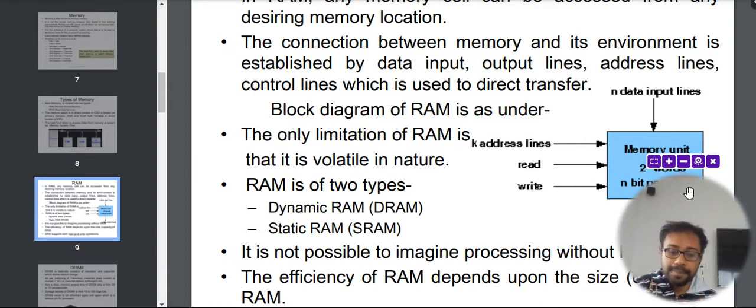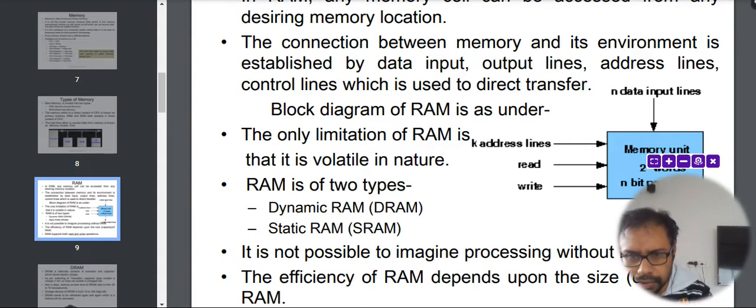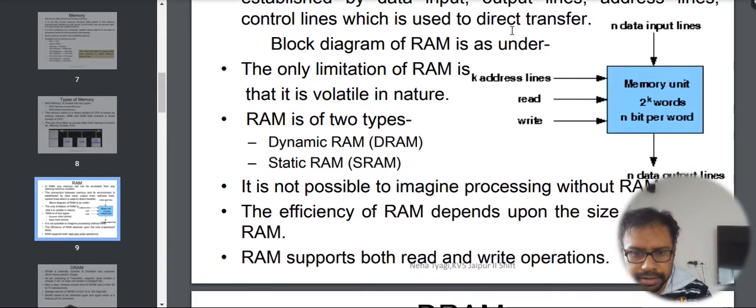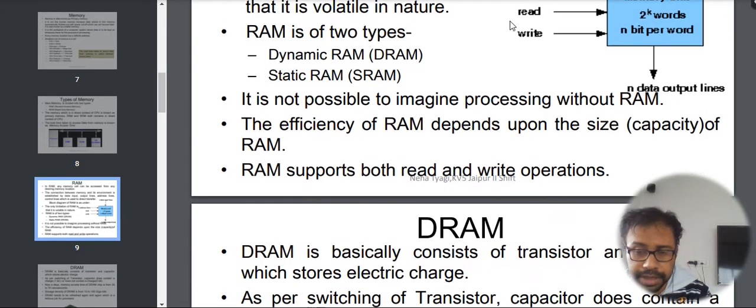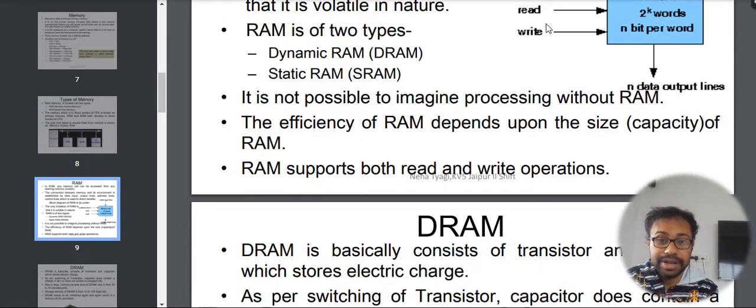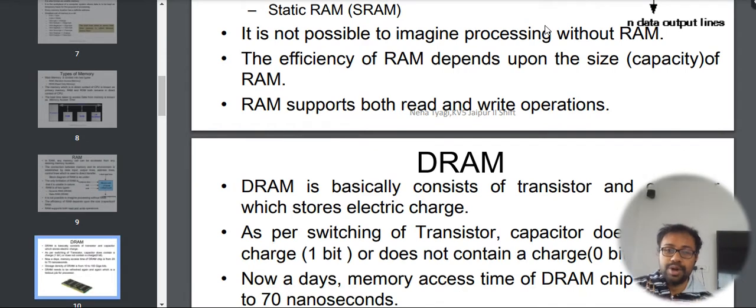It will be millions and trillions of lines, more than trillions in fact, and still that is very less. You can imagine how computers' processing rates are increasing day by day. It is not possible to imagine processing without RAM because the efficiency of the RAM depends upon the capacity of the RAM. So processing without RAM is not at all possible.